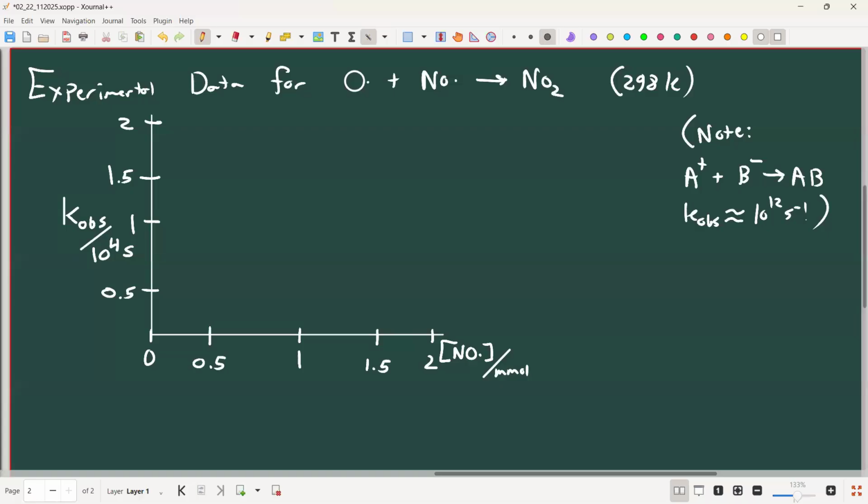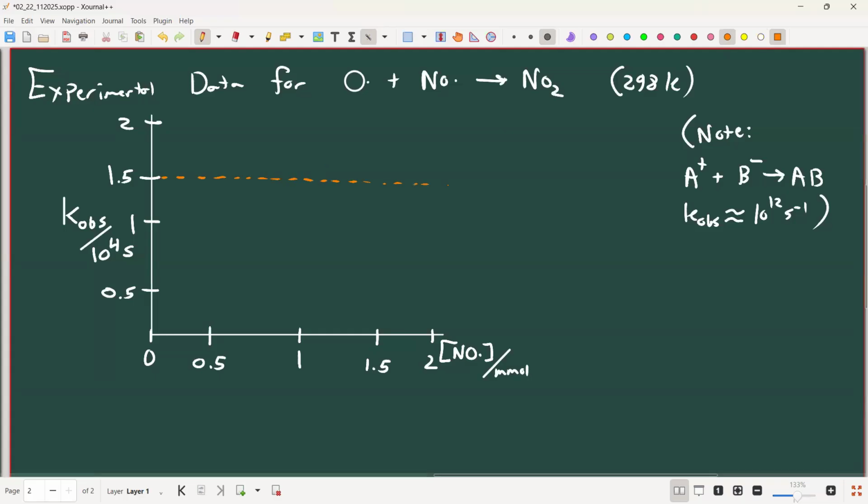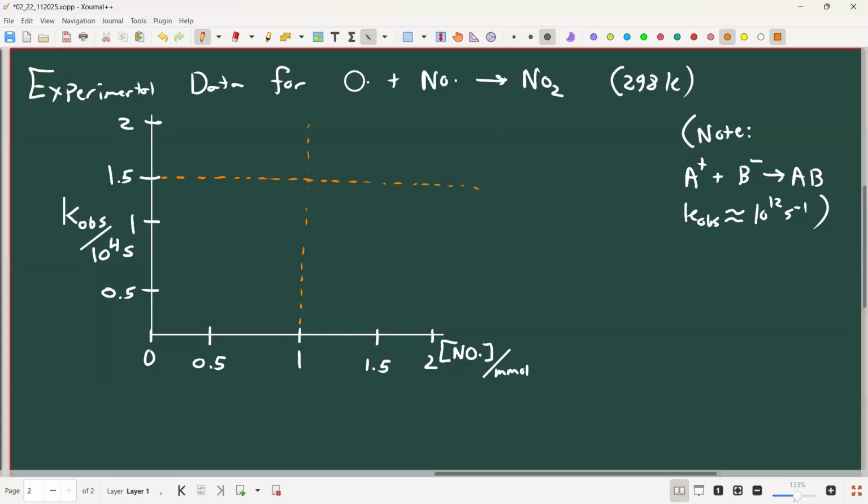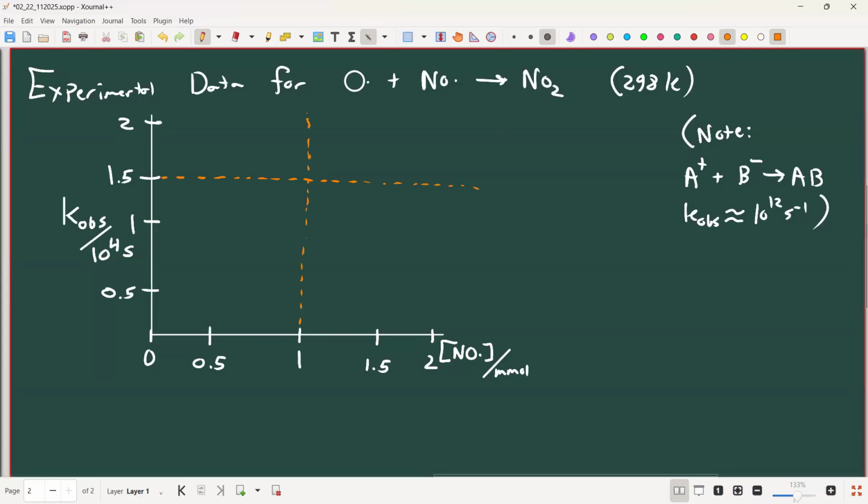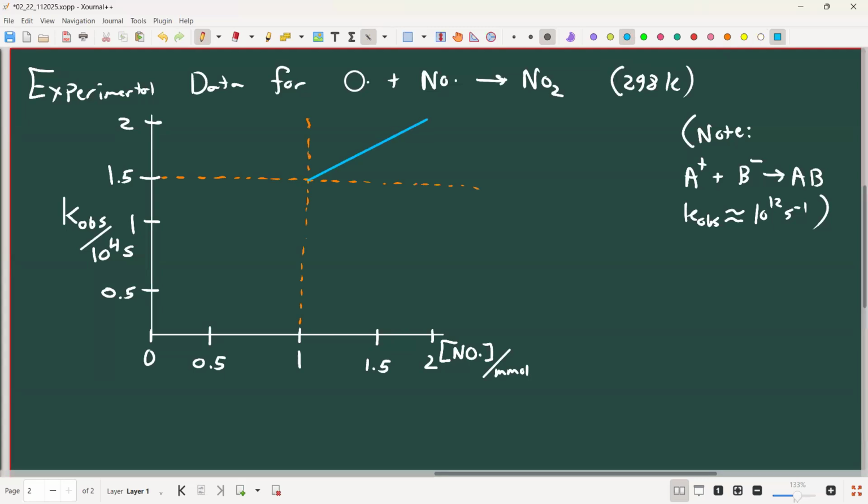So let's just look at the results here. I'm going to make a couple of guidelines so I can plot this properly for you. So make a dashed line at 1.5 and a vertical line at 1 millimolar. Like this. Okay. And what we find is that at all pressures greater than 1 millimolar, the observed rate increases linearly with increased pressure, right?